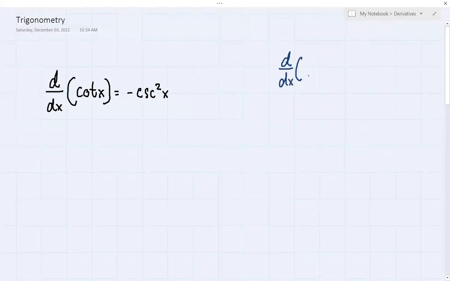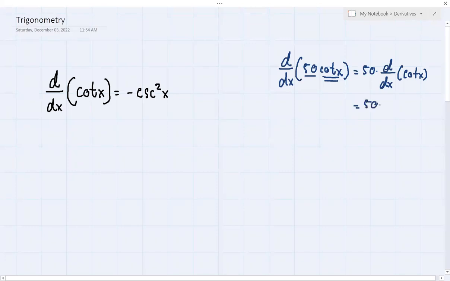Let's just say you are asked to find the derivative of, sabihin nating, 50 times cotangent of x. So again, we have a constant and we have a trigonometric function, so we will have 50 times the derivative of cotangent x.